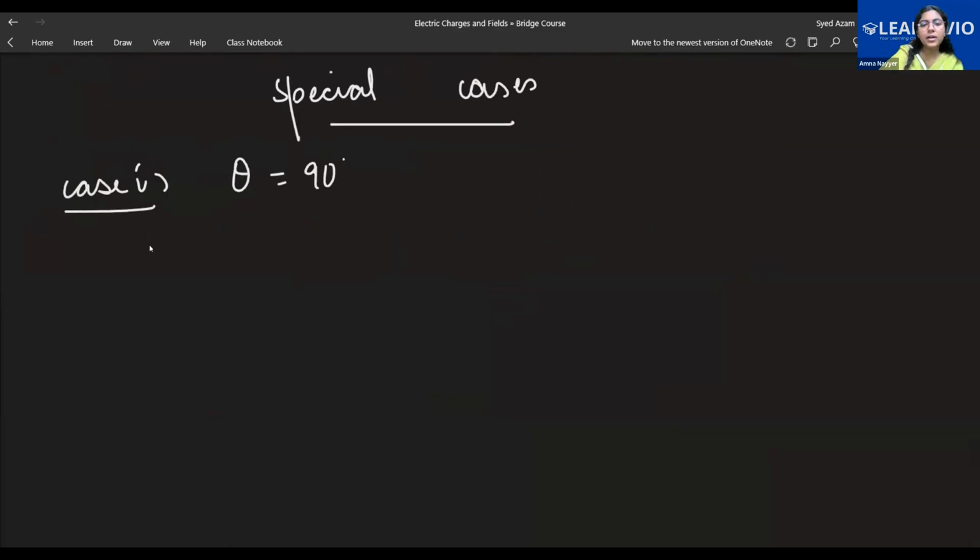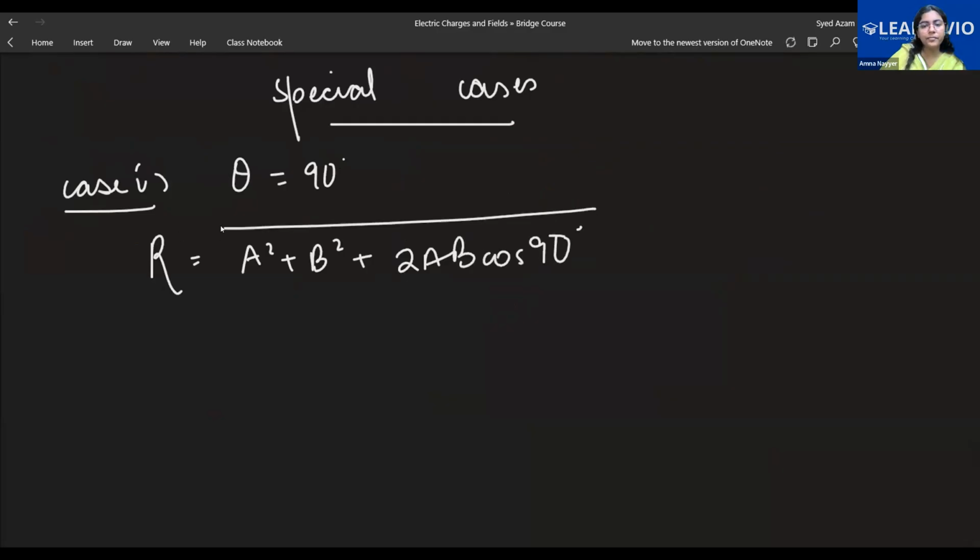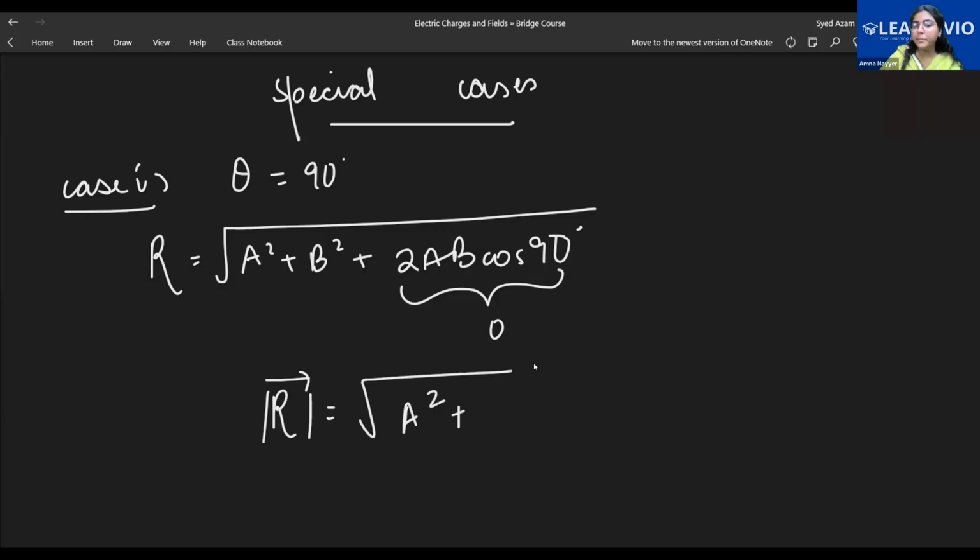In this case, what happens when we write the resultant, a square plus b square plus 2ab with this entire cos 90 degree, this part becomes 0. So you can always write the resultant's magnitude quickly as under root a square plus b square when theta is 90 degree.